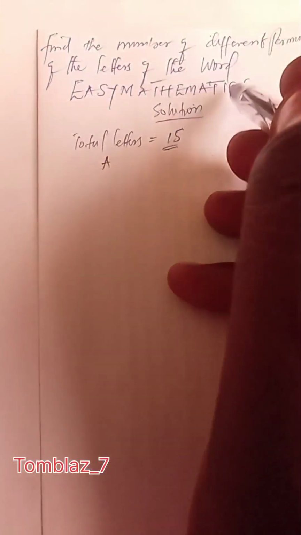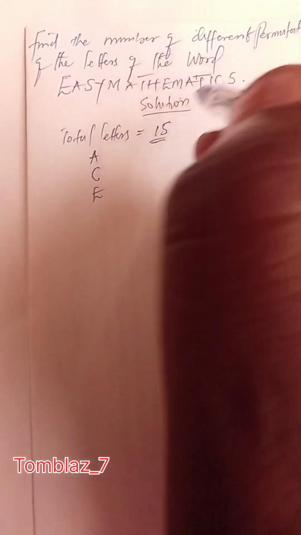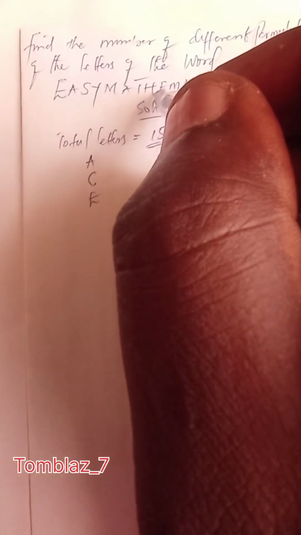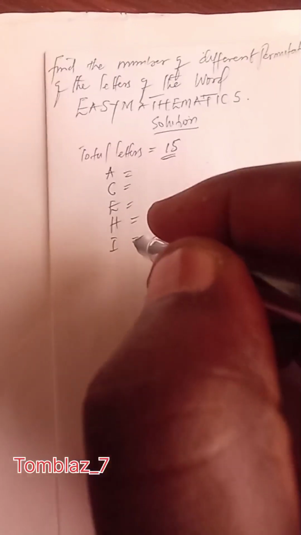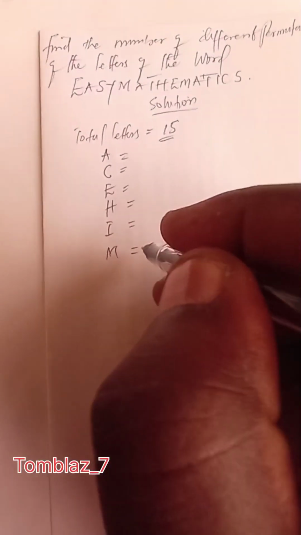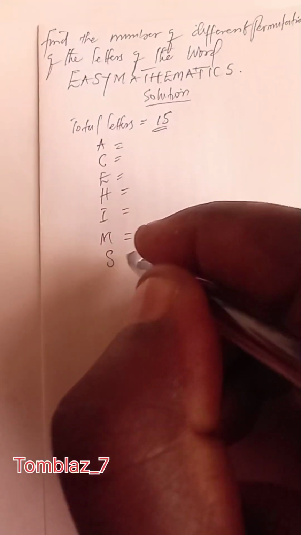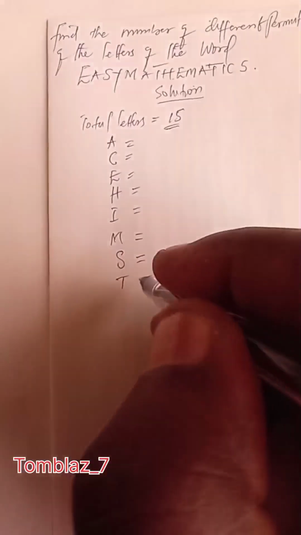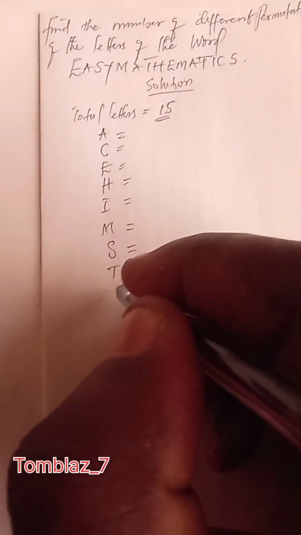Alphabetically, we have A. After A, we have C. After C, we have E. After E here, we have H. After H, we have I. After I, we have M. After M, we have what? S. After S, we have T. After T, we have what? Y.